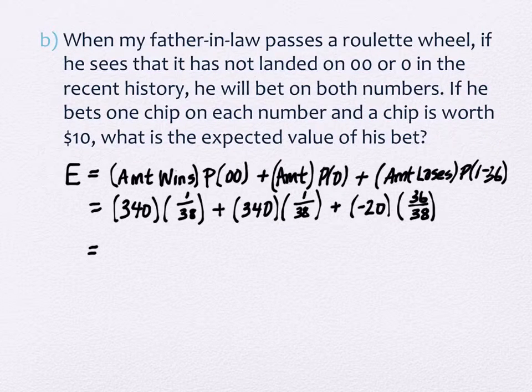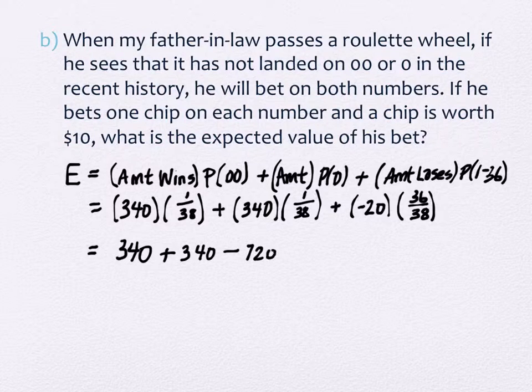My suggestion is to notice that these all have denominators of 38. Do you notice that? So what we really have here is 340 plus 340 plus, and I'm supposed to have negative 20 times 36. That's actually negative. What's 20 times 36? 720.